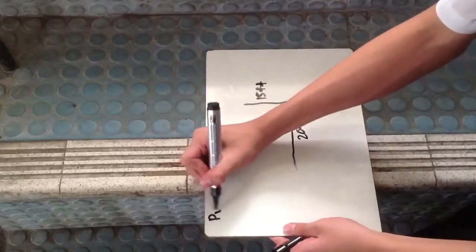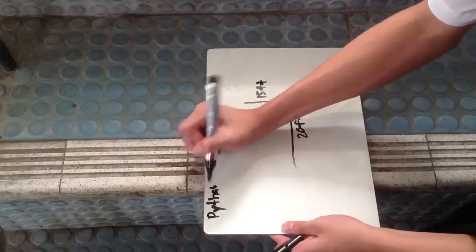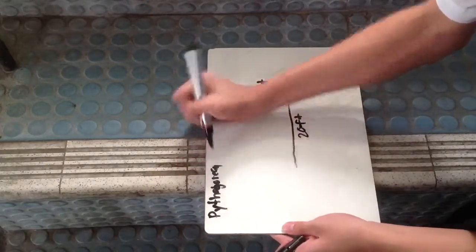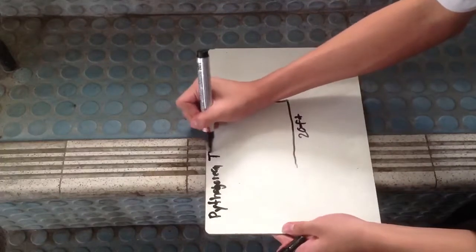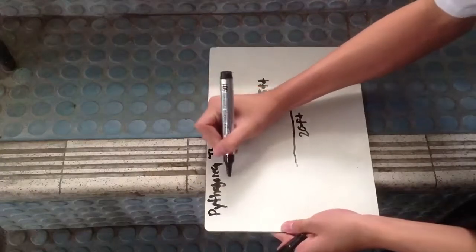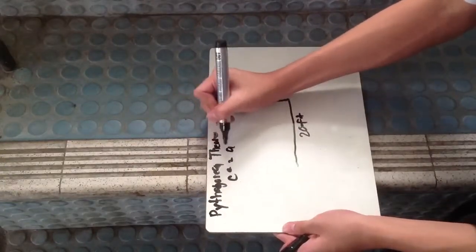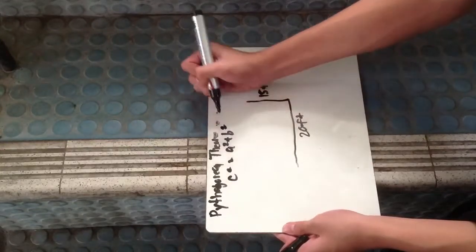The Pythagorean theorem is that c squared is equal to a squared plus b squared.